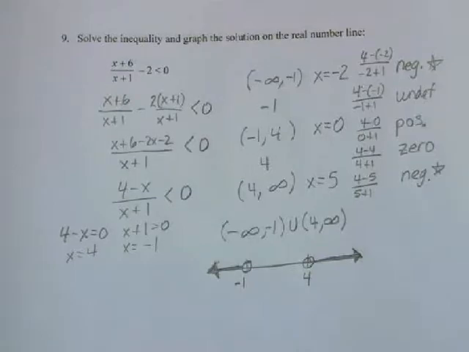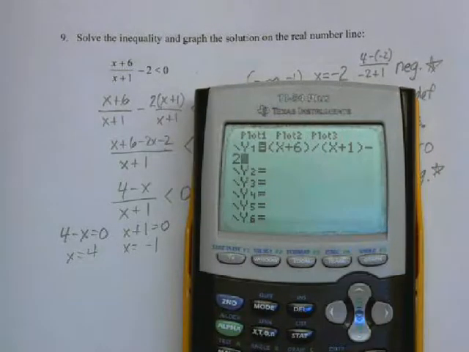Now, as a check, you can go ahead and graph the inequality. So notice I've typed in the left side of the inequality, and I'm going to go ahead and graph it.